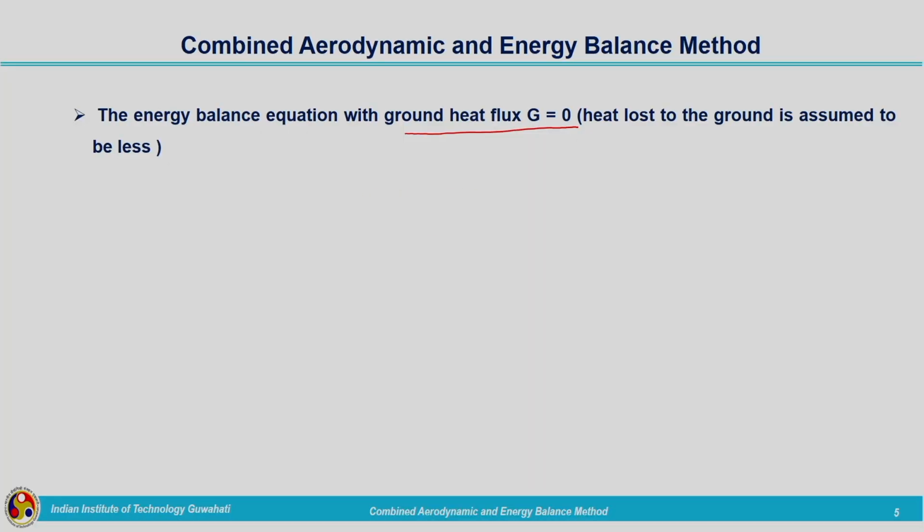So how will our equation look? Rn minus Hs minus G is equal to Lv mv dot. In this, we are going to substitute G equal to 0, so it will be Rn minus Hs is equal to Lv mv dot. Now we have the relationship between Hs and Lv mv dot in terms of Bowen's ratio: Hs equal to beta Lv mv dot.